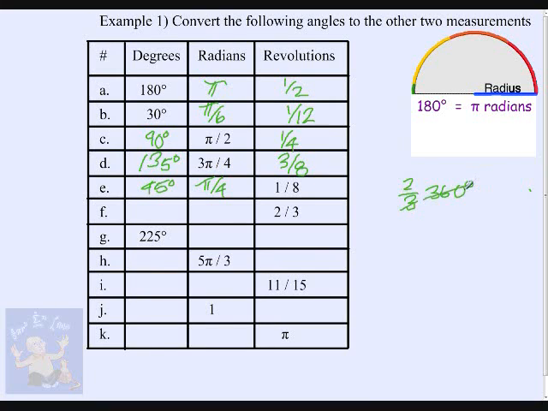And that will become 2 times 3 goes into 360. Yeah, 120, right? Did I get that right? Two-thirds of a full revolution, and that's all over 1 now. So it's 240 degrees. That's an interesting one.